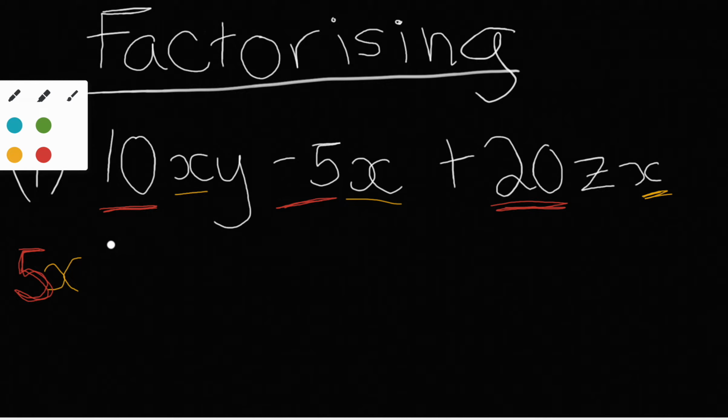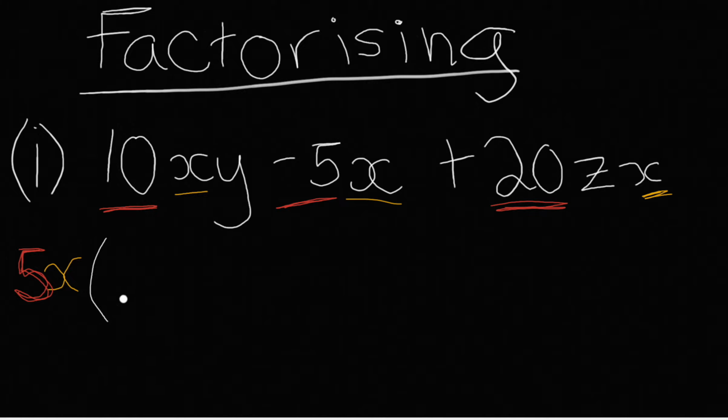So now, what do you multiply 5x by to get 10xy, right? So 5 times 2 is 10, right? So we put 2 here. And what's missing? y.